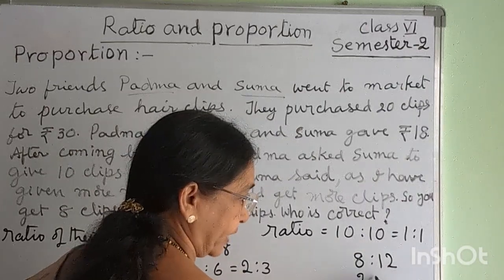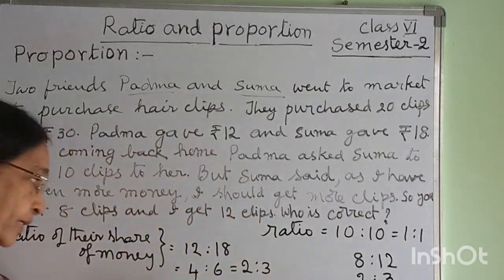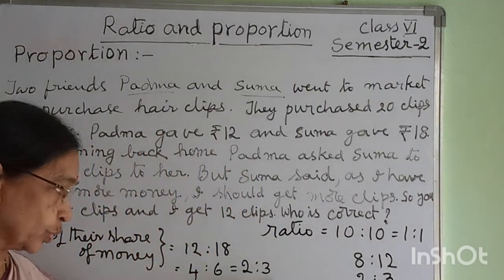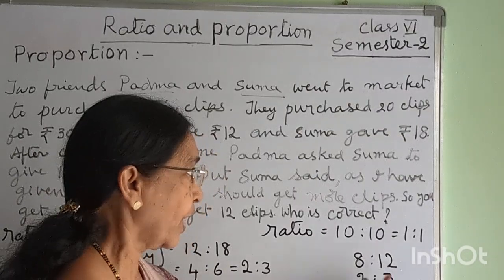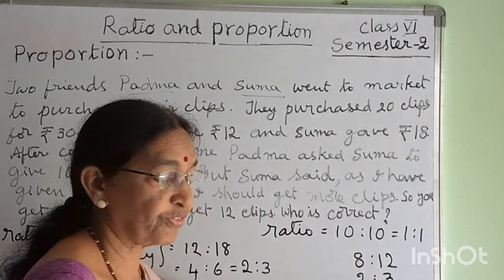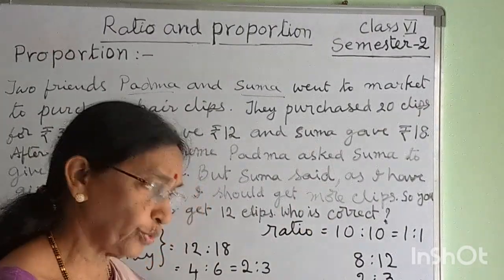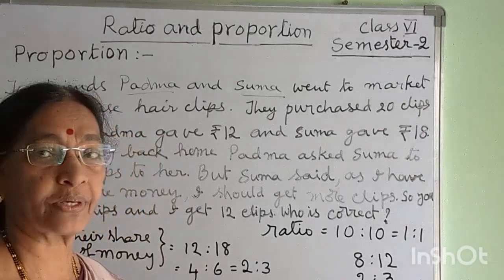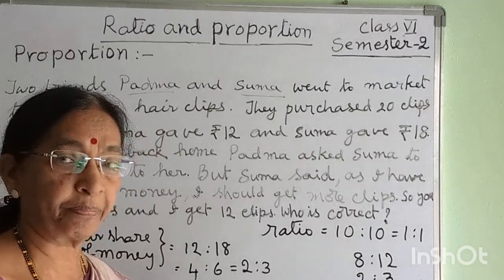Therefore, 4 twos are 8 and 4 threes are 12. 2 is to 3. The ratio of their money paid is 2 is to 3 and the ratio of the clips shared according to Suma is also 2 is to 3. Therefore, Suma is correct in sharing the clips. So we have to share the clips according to the ratio of their money paid.